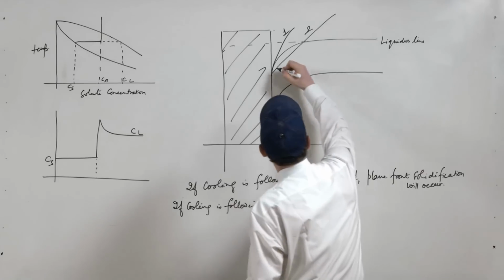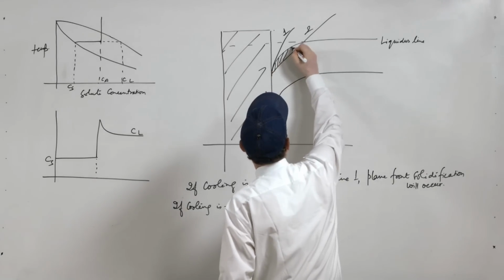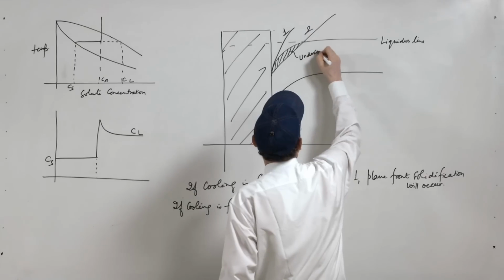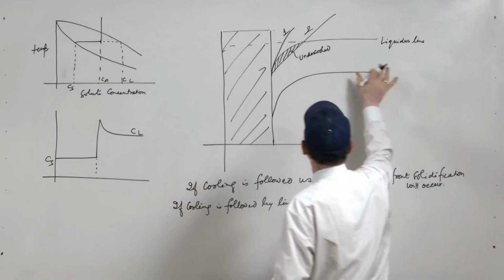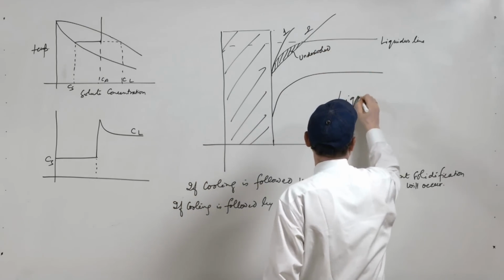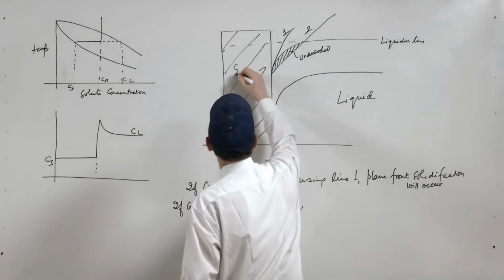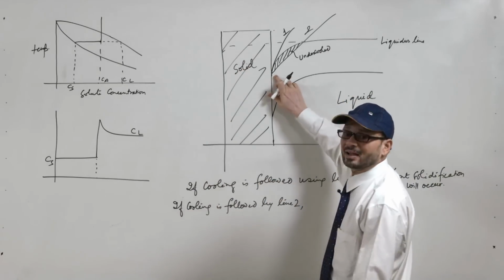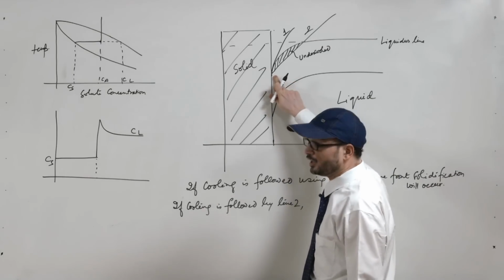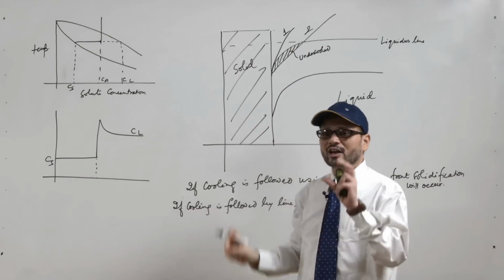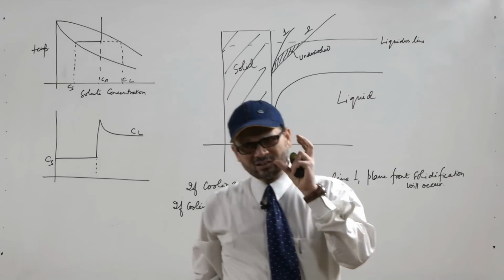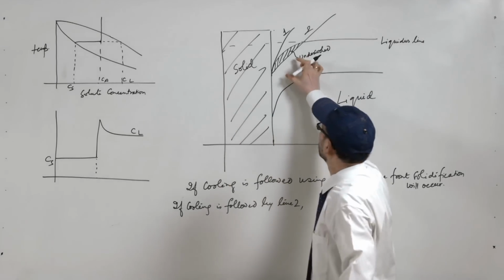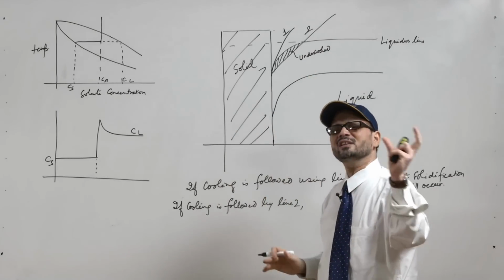You can experience a zone which is undercooled. Although this is a liquid zone, and this is a solid zone, in the liquid zone itself, away from the solid, you have a zone which is already undercooled, and once you have an undercooled zone, there will be nucleation started in a portion which is in the liquid itself.